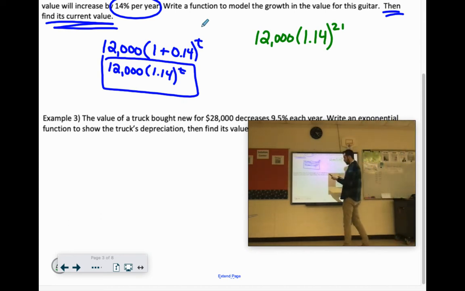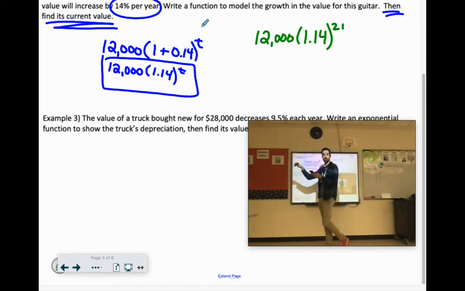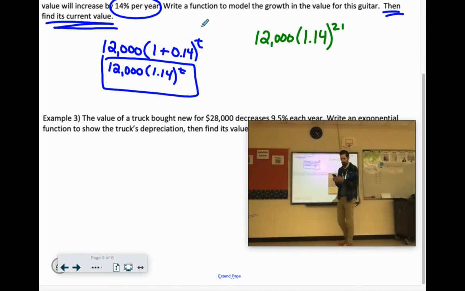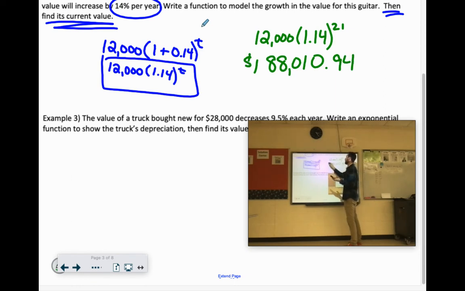1.14 to the 21st power. You get 15.66, and a lot of numbers. So then I'll just multiply that by 12,000. Holy smokes. Let's see. 188,010.94. 188 grand.